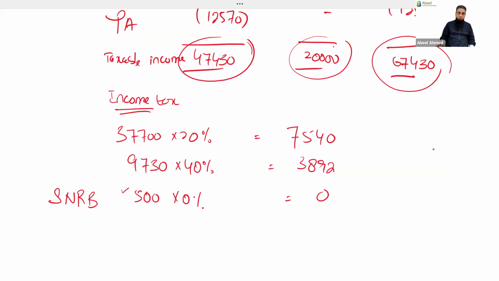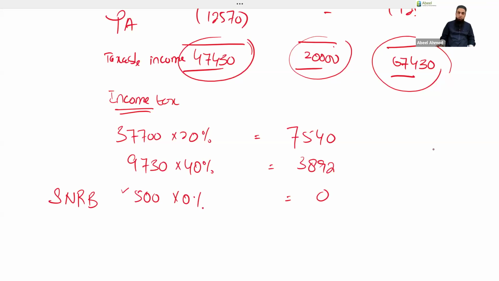The question is, what about the basic rate band? The answer is, if the basic rate band is utilized, consumed by one income, then it is used for other incomes as well. If you see the question, we have already utilized the basic rate band for the non-saving income. So if non-saving income has completely utilized your basic rate band, then obviously your saving income will not be getting any other basic rate band.